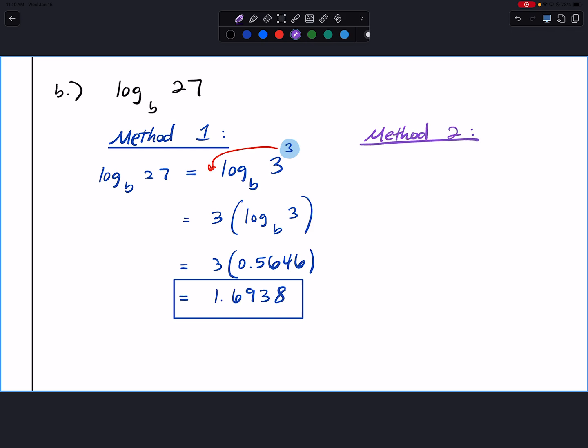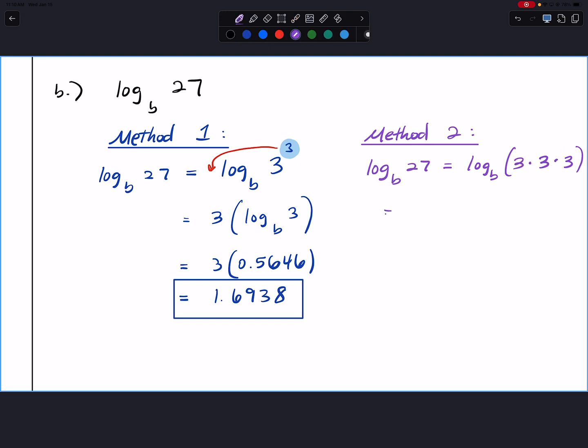Okay. You guys probably won't like this one, but this technically works too. What's another way to write 3 cubed? 3 times 3 times 3, right? So another way you could do this is log base B of 27 is the same thing as log base B of 3 times 3 times 3. So you could break it apart. What does multiplication mean to do with logs? Adding.